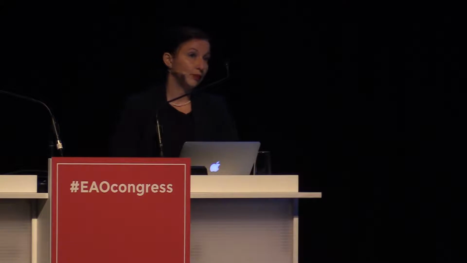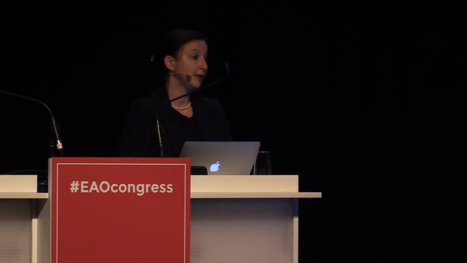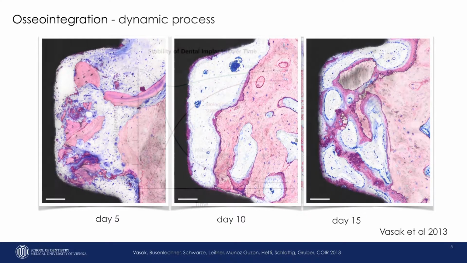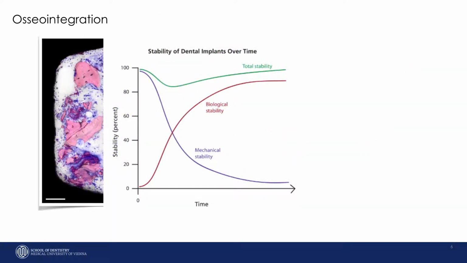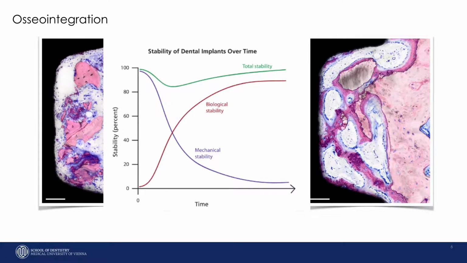With all the development in the last years, we are coming to a process where we can speed up the healing, and maybe speed up the loading. When you look at the histology, you see on the very left, day 5 and day 15, that there's really fast things going on here on the implant surface.